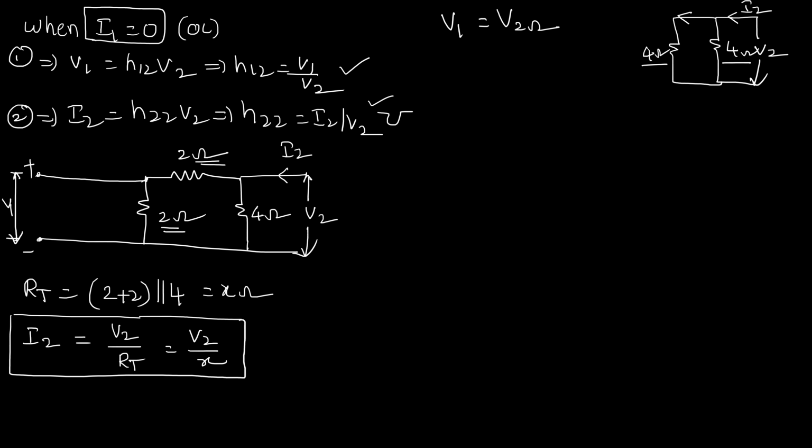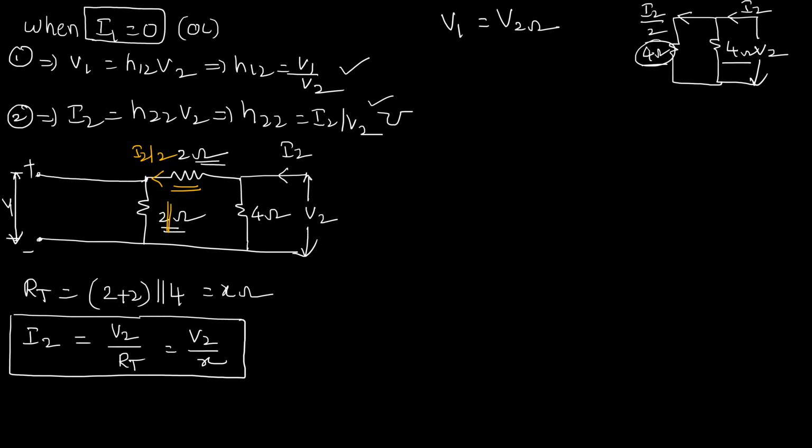I am concentrating on this amount of current. This is I2 by 2. This 4 ohm can be split into 2 ohm and 2 ohm like this. Now what is the amount of current in this branch? Obviously this is I2 by 2.